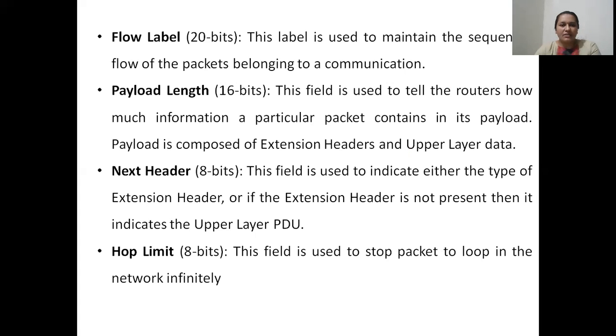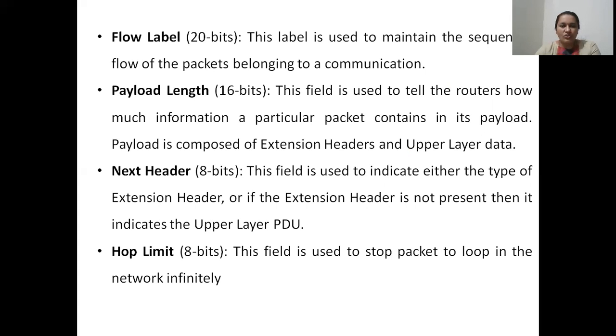These packets have to be assigned sequence numbers so that at the receiving end, they can be rearranged according to the proper order. Such sequential flow information or the sequence numbers of the packets will be indicated in the flow label.